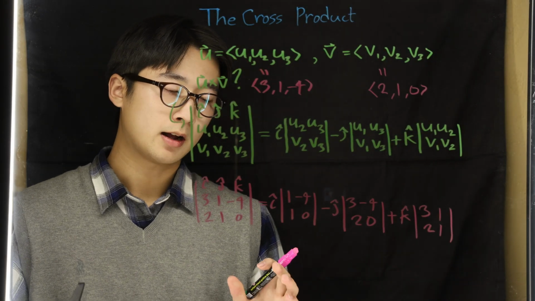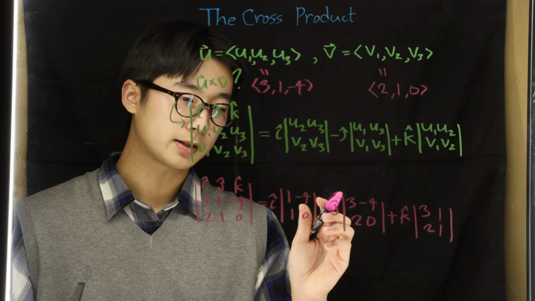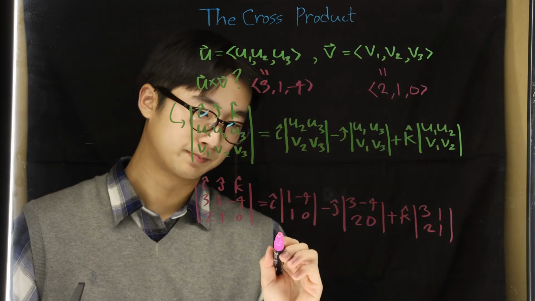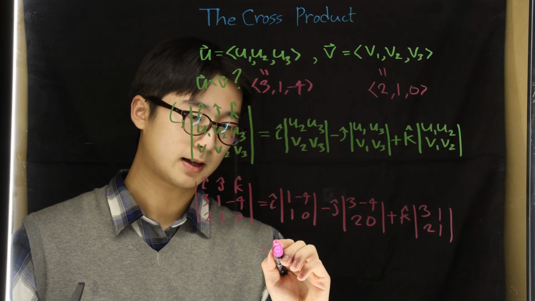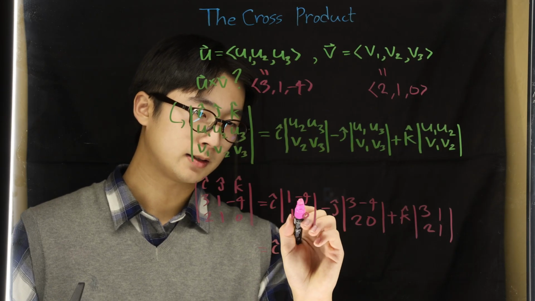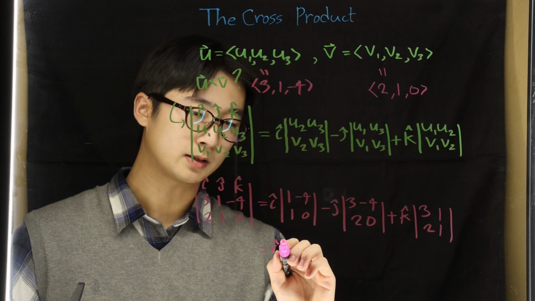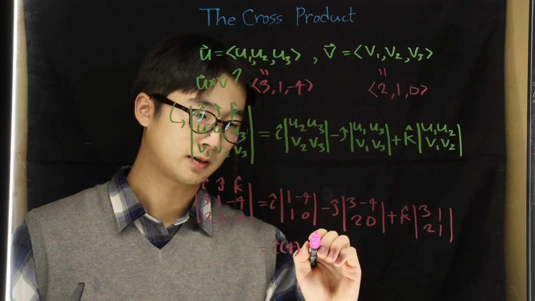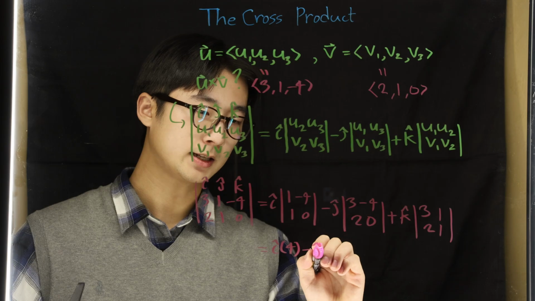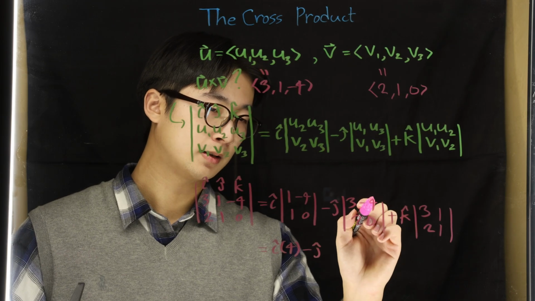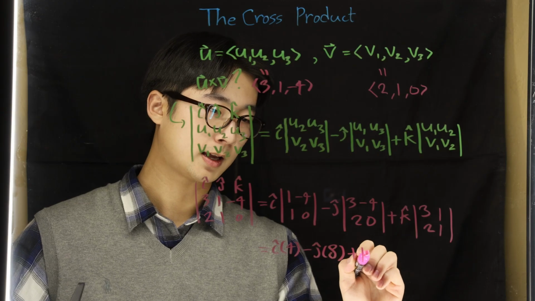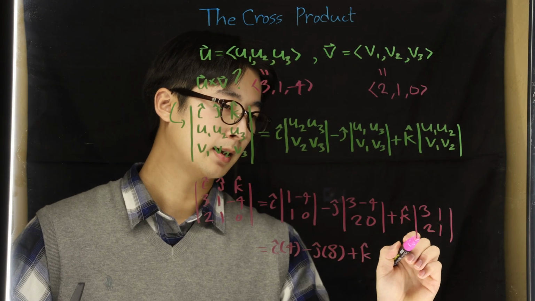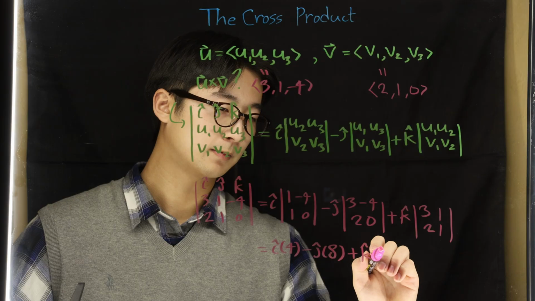Now the only thing we need to do is calculate the determinants. First term is i hat times 0 minus minus 4, which is plus 4, minus j hat times plus 8, plus k hat times 3 minus 2, which is 1.